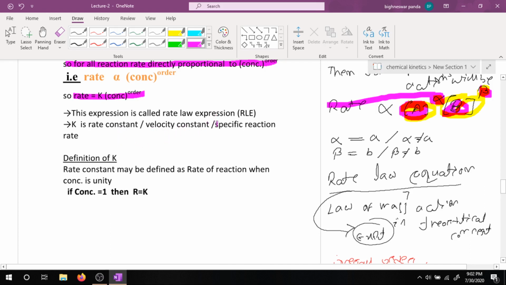Why is K called the specific reaction rate? Come to the definition of K. Rate constant may be defined as the rate of reaction when the concentration is unity.